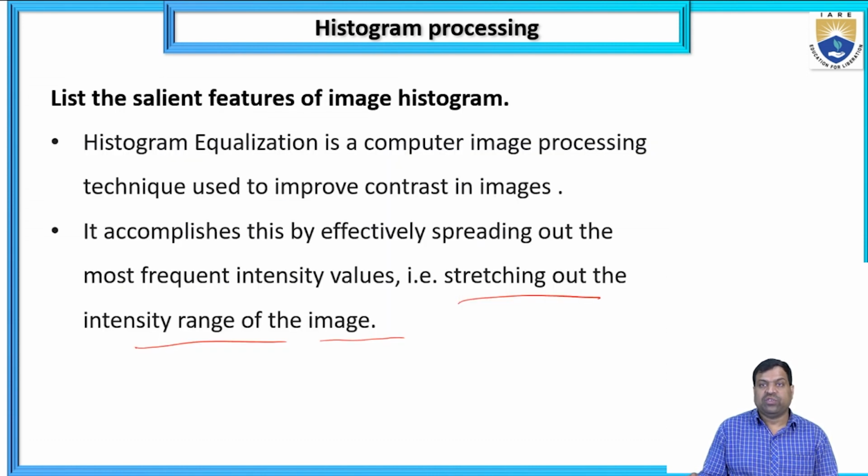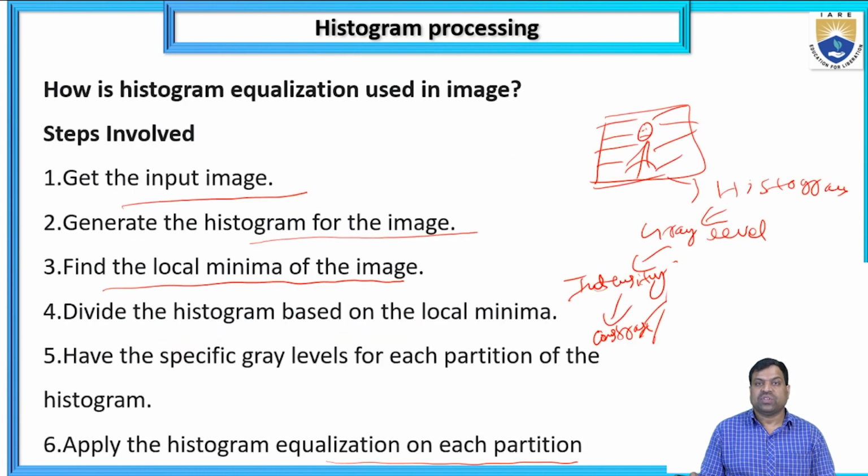What are the salient features? It is a computer image processing technique used to improve contrast in images, and it accomplishes this by effectively spreading out the most frequent intensity values, stretching out the intensity range of the image. What are the steps? First, select the input image, generate the histogram, and find the local minima.